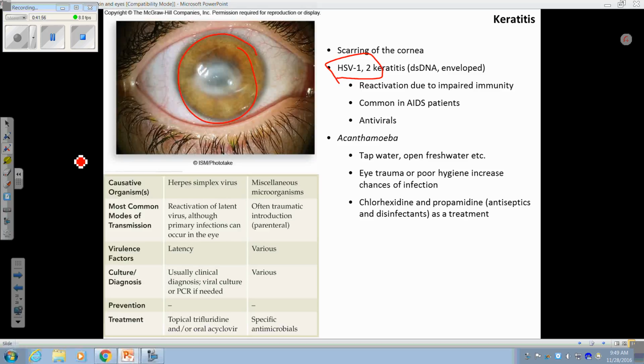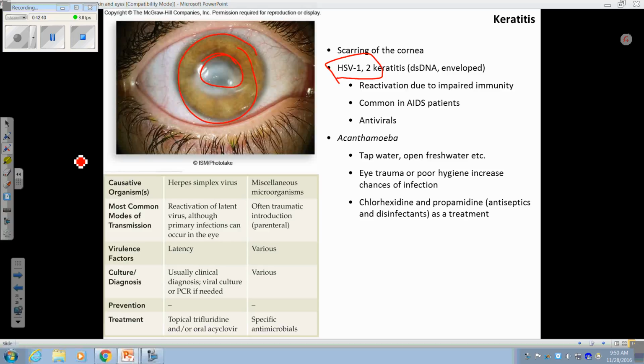But once immunity is compromised, like in AIDS patients, the virus starts to replicate, and if it gets into the eye, it pretty much infects the epithelial cells of the cornea and destroys them and causes corneal opacification. Now antivirals are used, but they are not extremely effective, because usually the diagnosis of this infection is based on the clinical symptoms, and at this point the damage is already done.